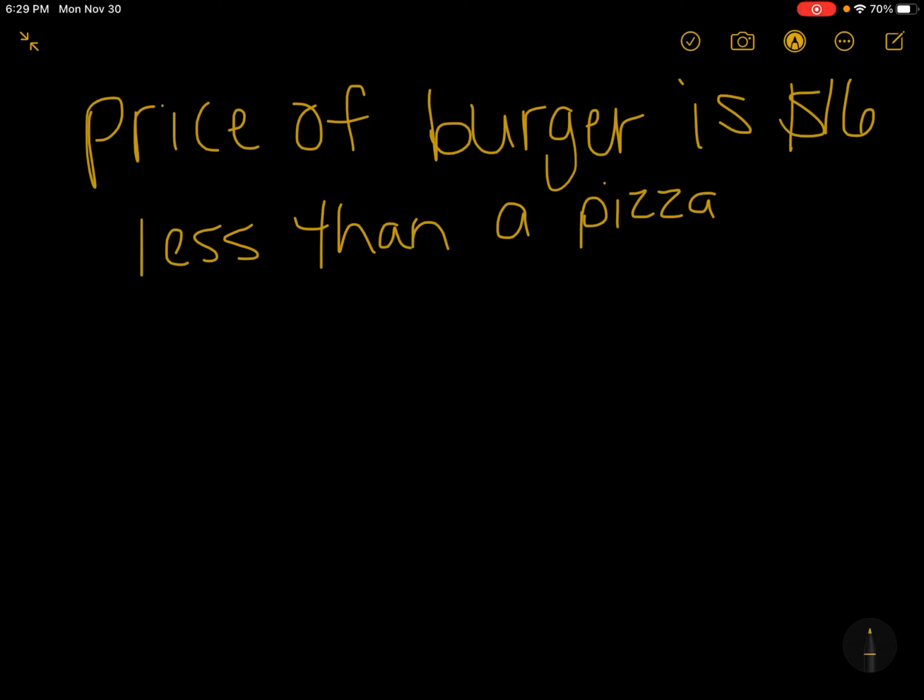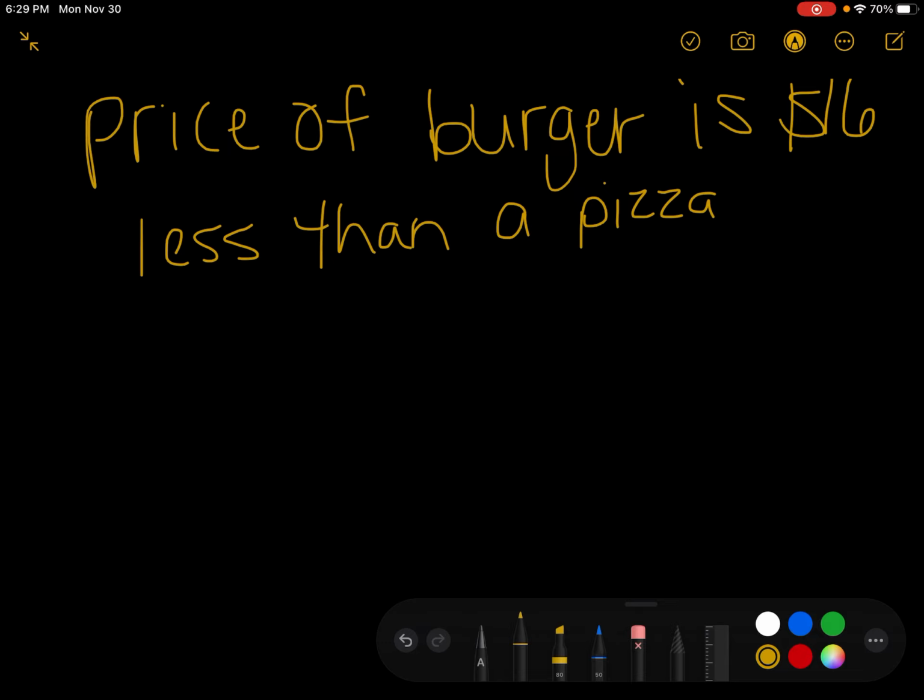Now we need to figure out the price of the burger in terms of P. So in terms of P means that we are going to use the variable P, which in this instance is going to represent the price of the pizza.